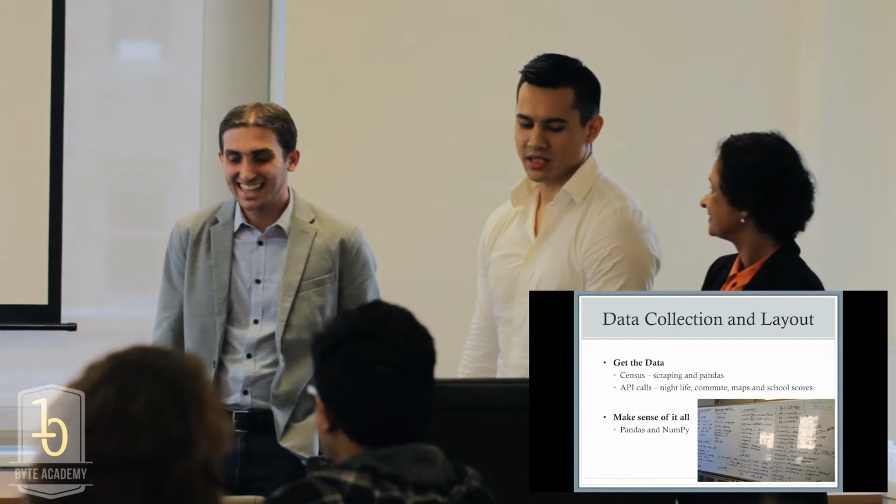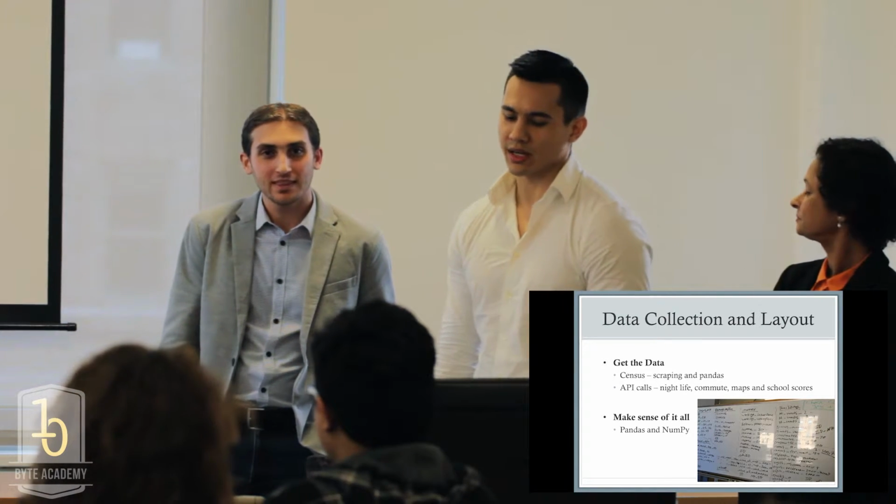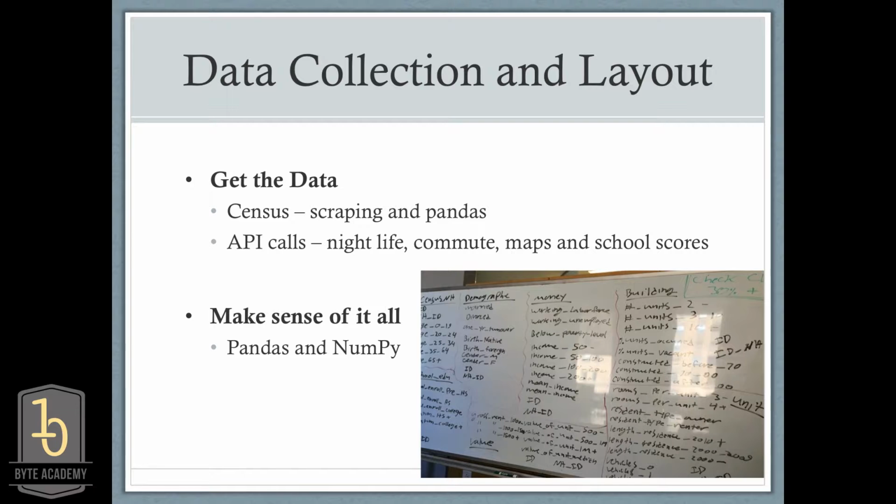All right, so we collected two types of data: government census data and API data. We first collected the census data so we could get the neighborhoods, and we ran a script function that can download hundreds of Excel spreadsheet files. That way we didn't have to click them manually, because we'd be here forever.